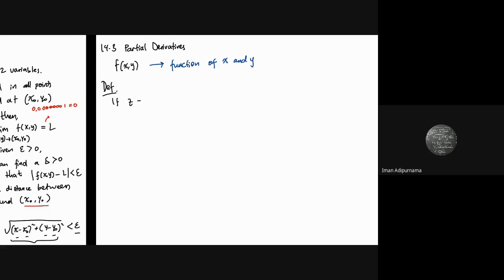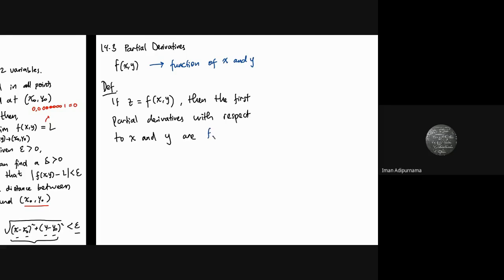If z is equal to a function of x and y, then the first partial derivatives with respect to x and y are, sometimes your textbook will write the partial x like that, and partial y.